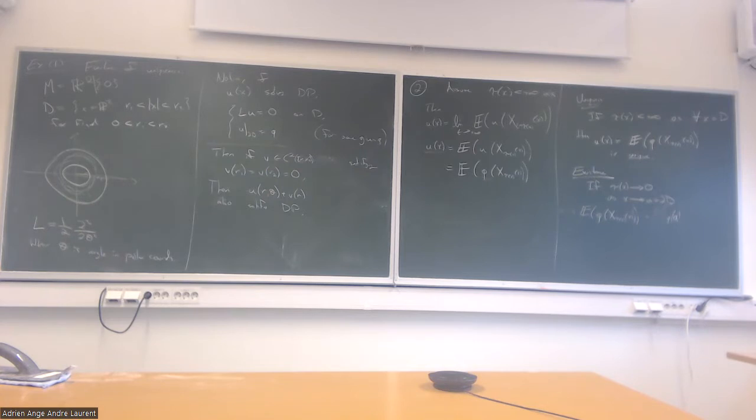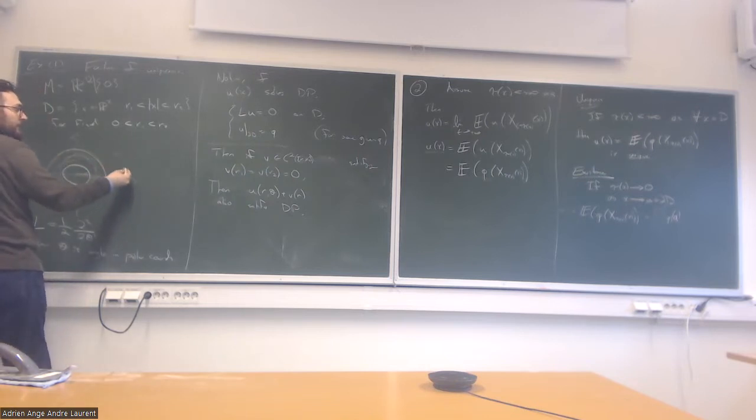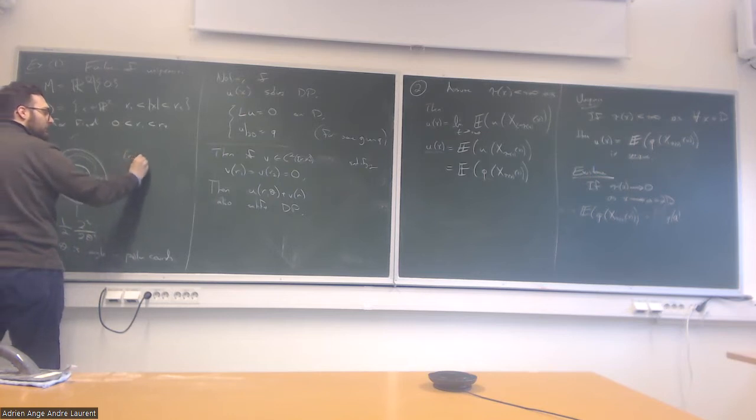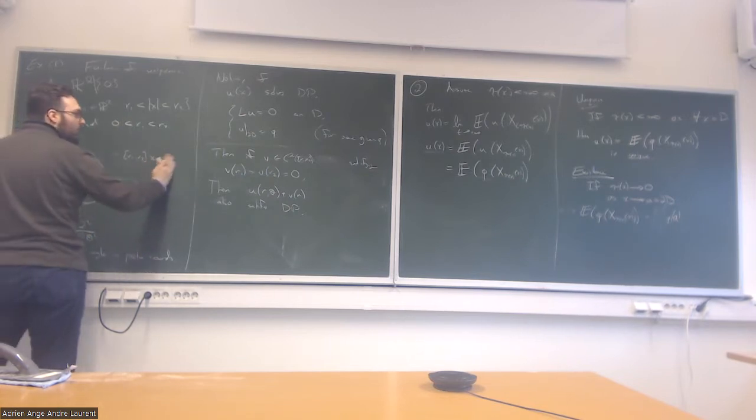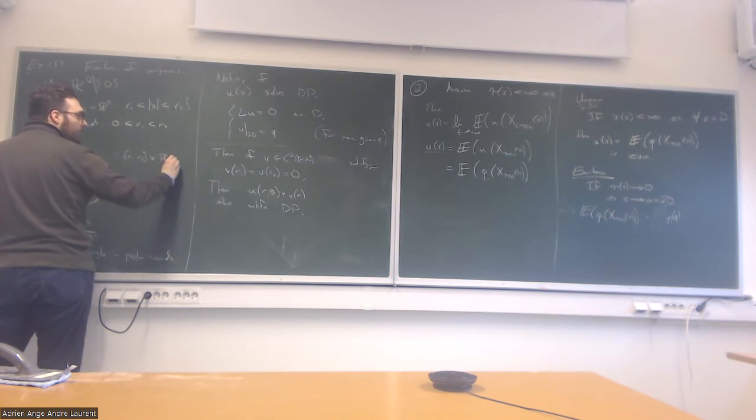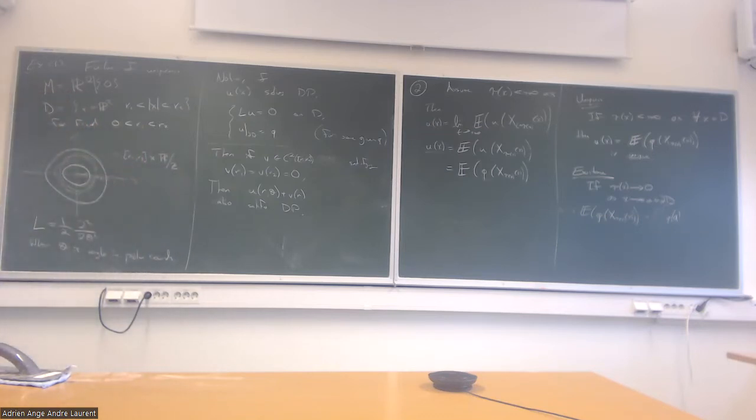Okay. If you want maybe a little bit more solid justification, what you can do is imagine unwrapping this. So you can imagine that this is really the interval R1, R2 cross S1, right? But we can identify S1 with R mod Z, something like this. Quite good. So if this happened, well, what's going on? L doesn't at all depend on the radial coordinate.